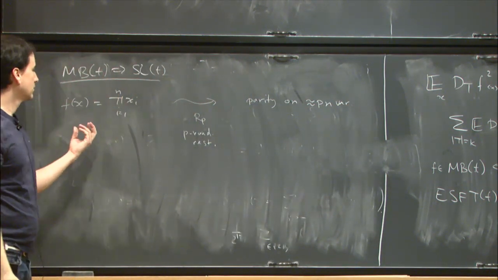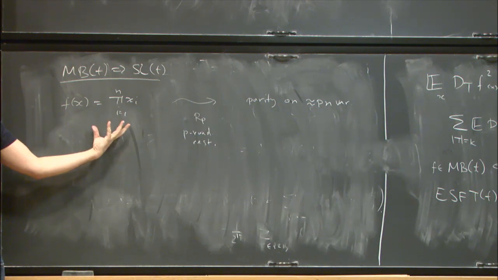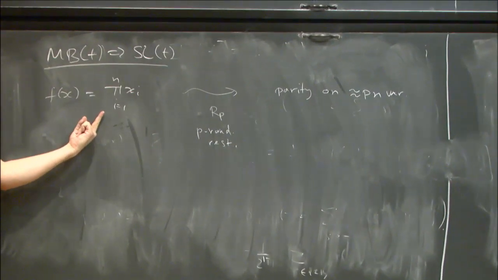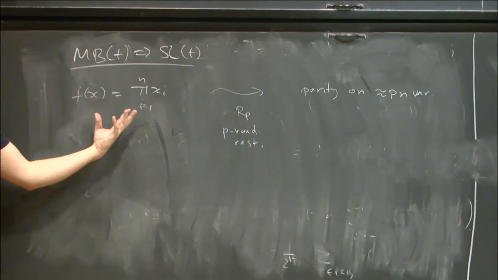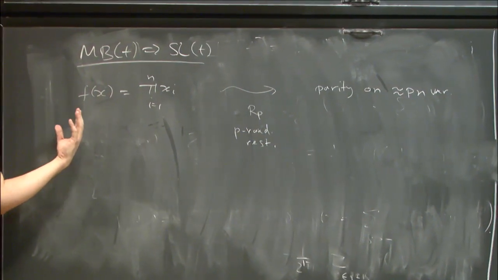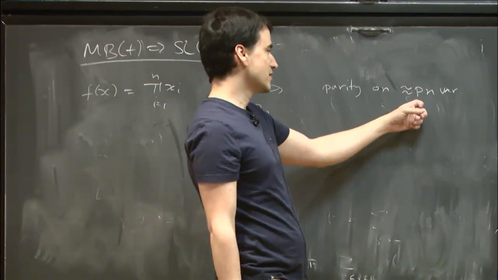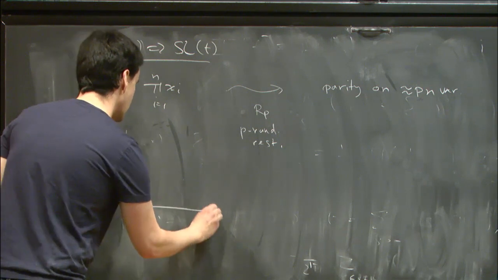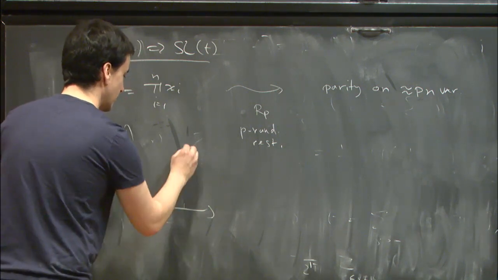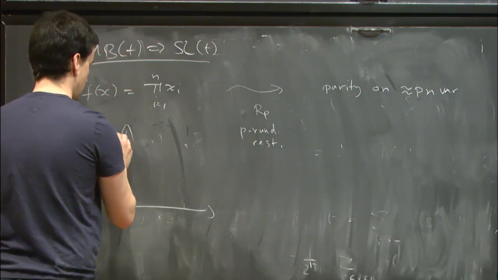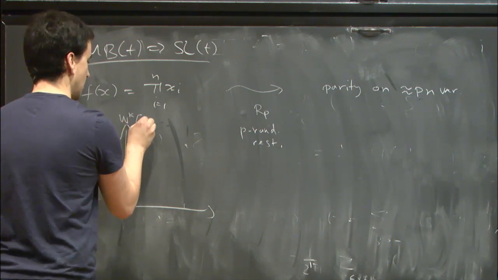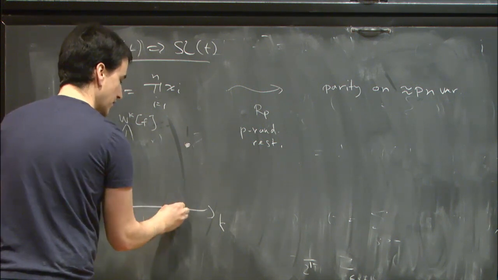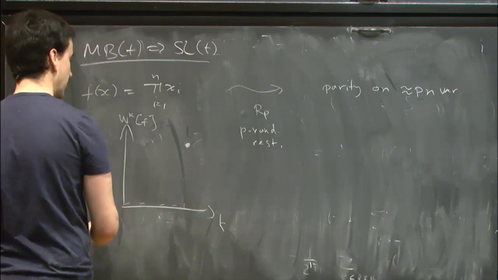And how do the weights of this function look? You have weight 1 on n and 0 anywhere else. And the same goes for this parity function. So if you look at this picture, this is the weight, and this is k. Here you have just weight 1 and 0 everywhere else. This is a parity function.